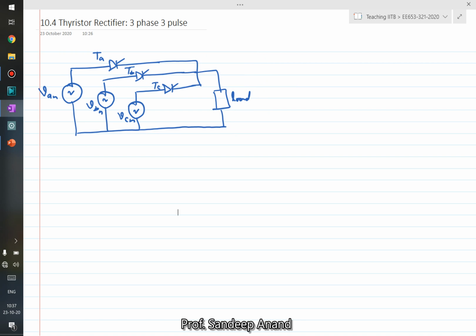All right, so let's see how the different waveforms would look in this case.